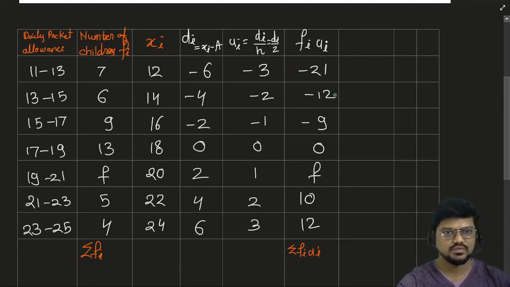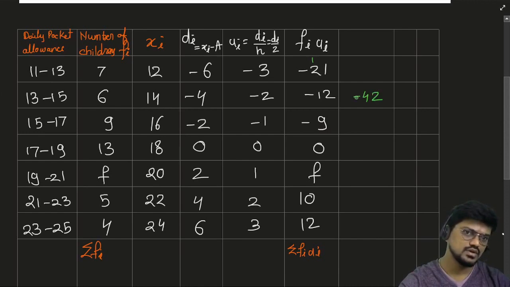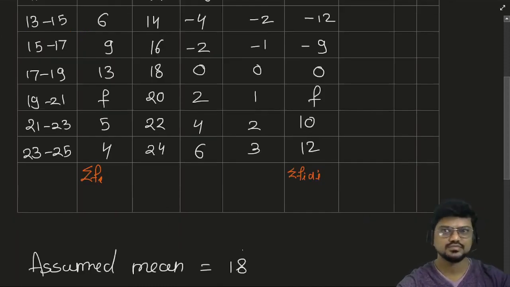So minus 21 minus 12 is minus 33, minus 9 is minus 42. Then 10 plus 12 is 22, positive. Add both of them and then you have to add F also. If you add them, you get minus 20, and this F is also there. So ultimately what you get? F minus 20.